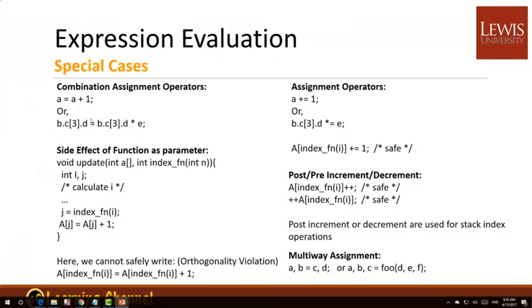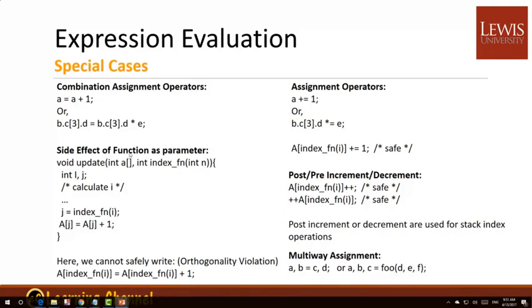Okay, so whenever something can be used as a variable, you will treat it just like a normal variable. So this whole thing can be treated as a variable, so it can be multiplied by E and then assigned to itself.